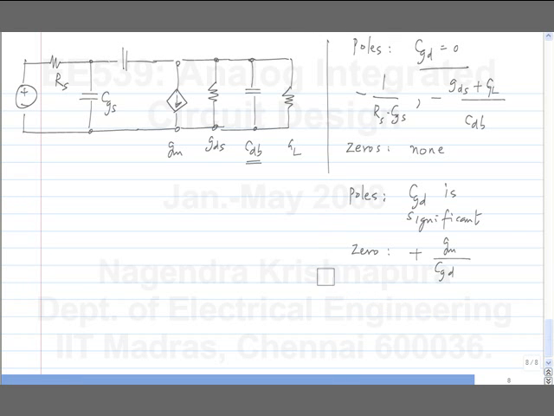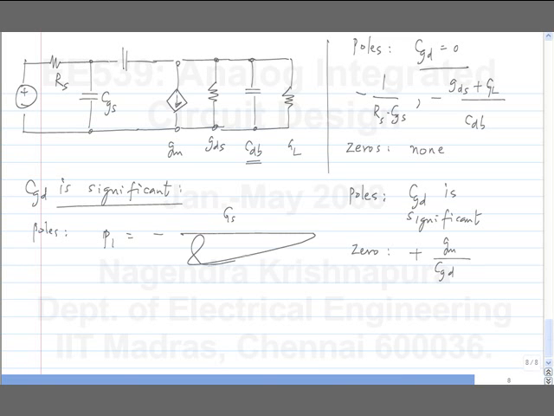When CGD is significant, the poles will be at, let's say the first pole is at GS by CGS, which appears directly across GS, plus CGD times 1 plus GM by GL plus GDS. Okay, this is an approximate thing.